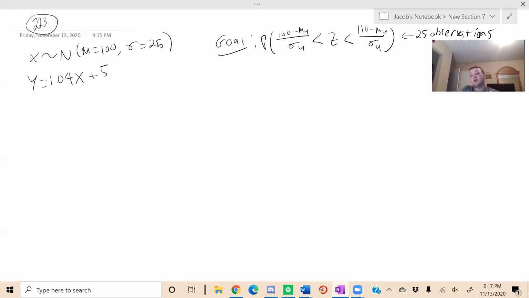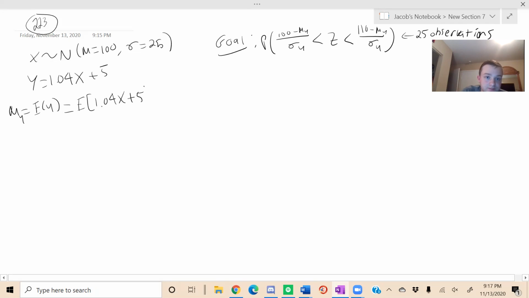And we also know that when you have the sum of independent normal random variables, those are also normal random variables. So Y is also going to be a normal distribution. But we need to find what the expectation of Y is, which is our mean, and then the standard deviation of Y. So we know that mu Y equals the expectation of Y, which equals the expectation of 1.04X plus 5.